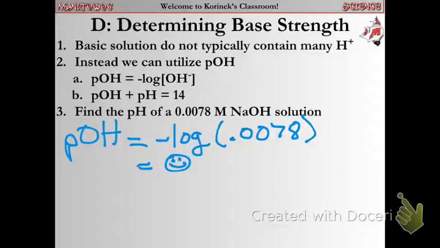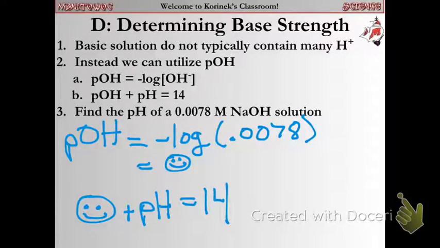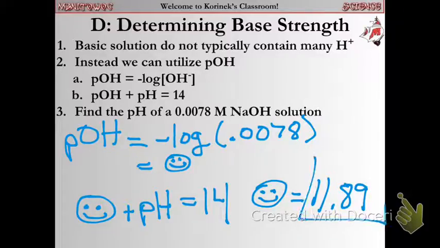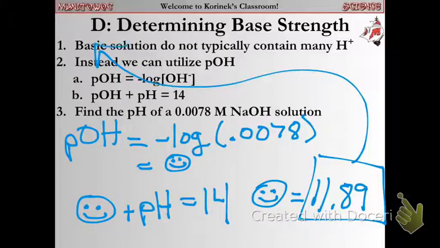Then we would take smiley face plus pH equals 14, and solve for pH. So 14 minus smiley face, and in this case, the pH of the substance would be 11.89. And that makes sense because 11.89 is higher than 7, which is what defines a base on a pH scale.